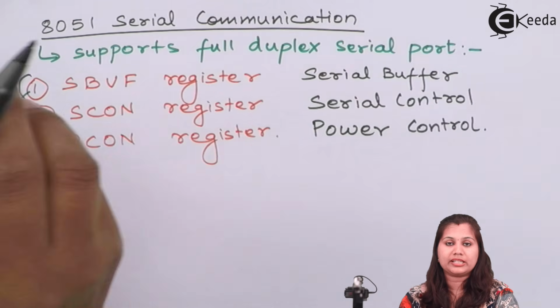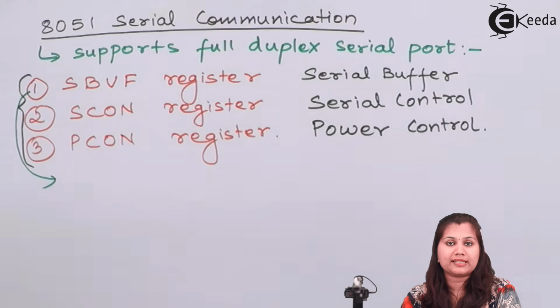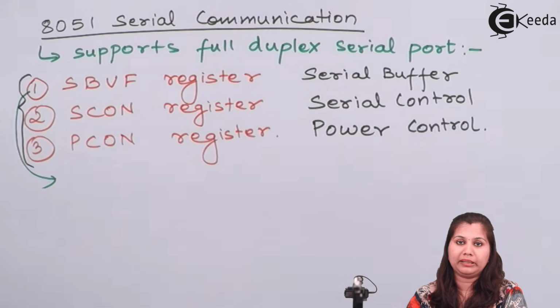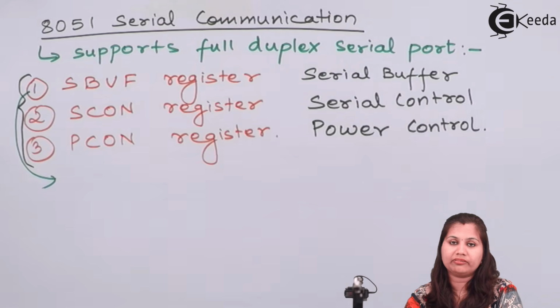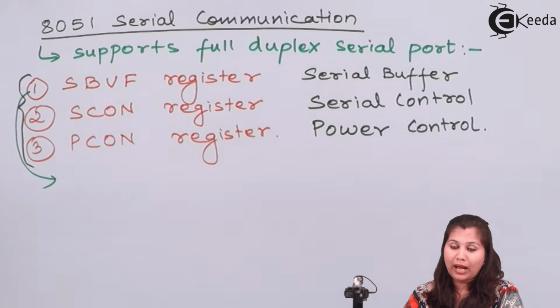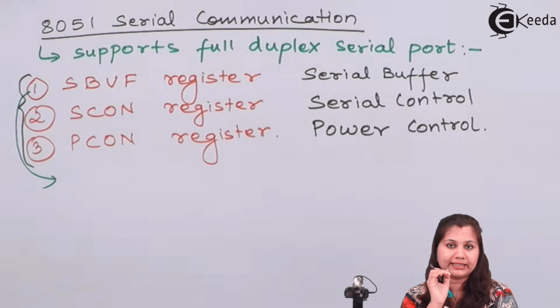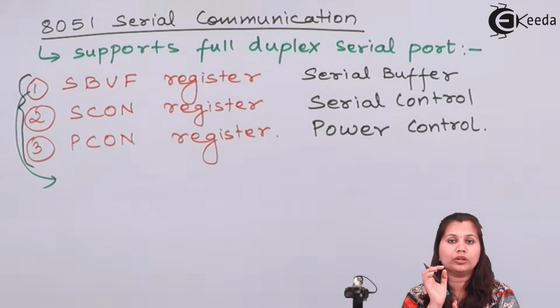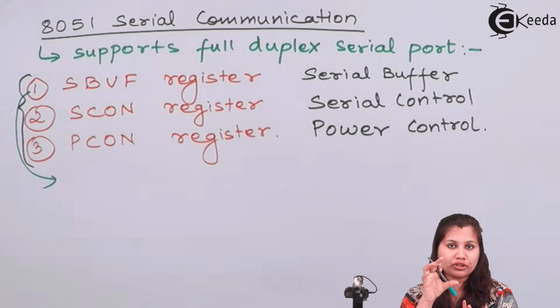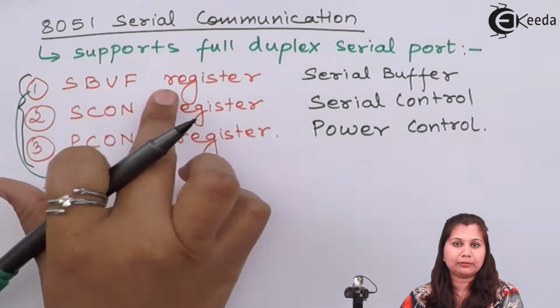Now for serial communication we have both transmission and reception. So it has to transmit 8-bit data, and it has to receive 8-bit data. At the time of transmission it is going to store that 8-bit data into a buffer. Buffer is used for the storage of data, so that buffer is called the serial buffer.